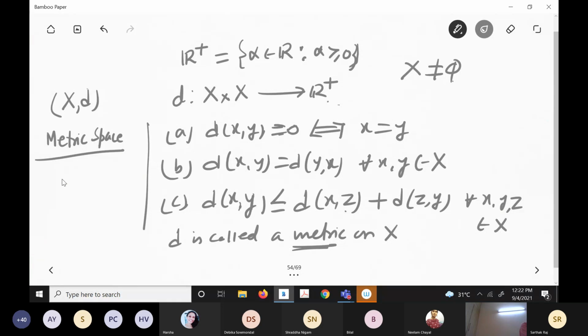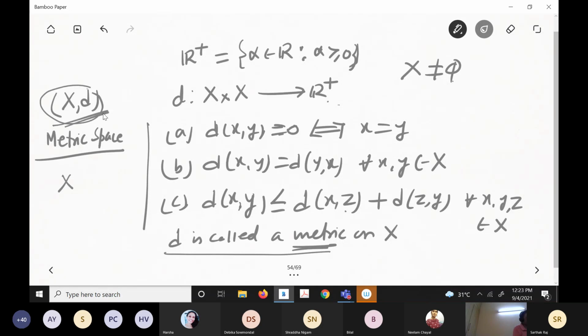Look, if you just write X, X is the set. X is not a metric space. For a metric space, you need this thing, the metric. So a metric space is a pair, a couplet, X, D. Sometimes you say let X be a metric space. It is understood then that you are considering a metric D on X. Informally often you say let X be a metric space, but then actually you are having this.